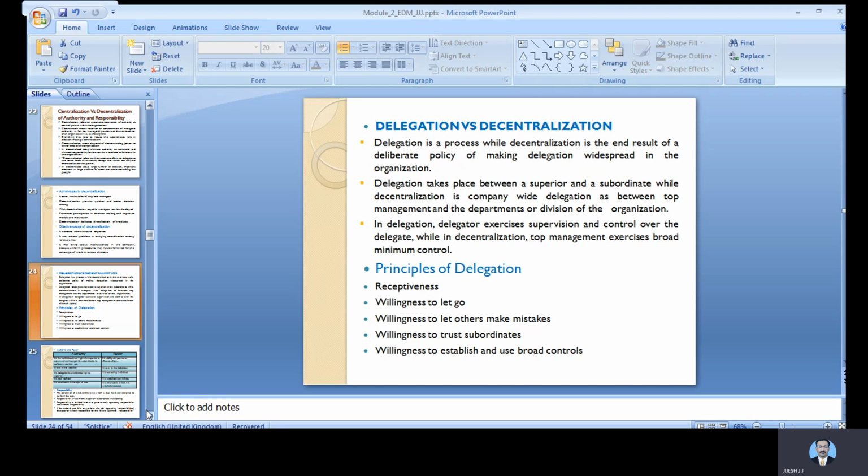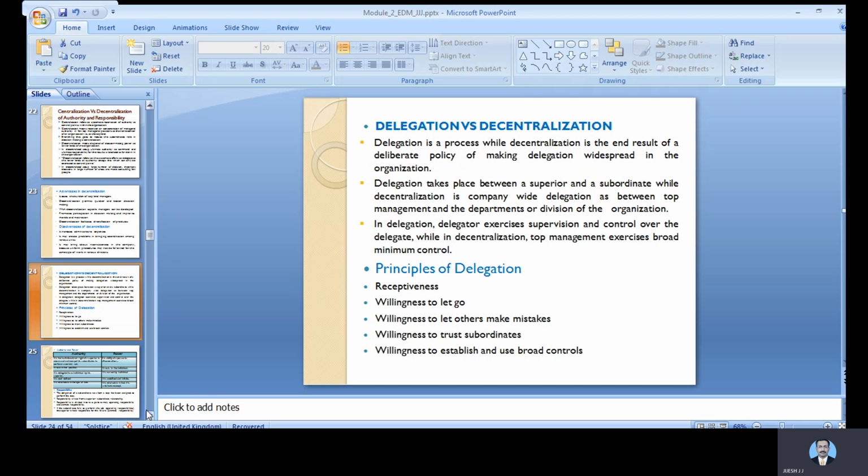Along with that, let us see delegation versus decentralization. Delegation is the process, while decentralization is the end result of the deliberate policy of making delegation widespread in the organization.